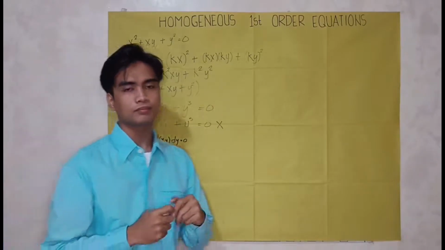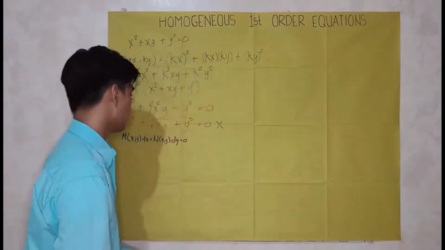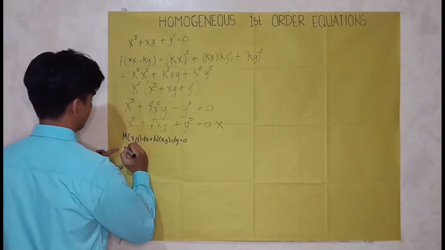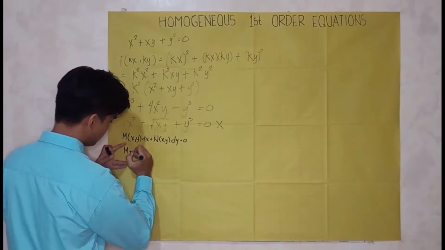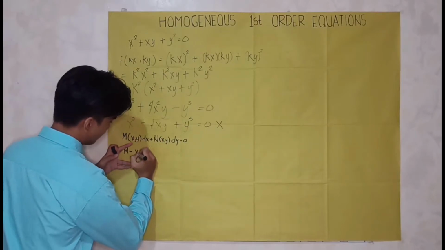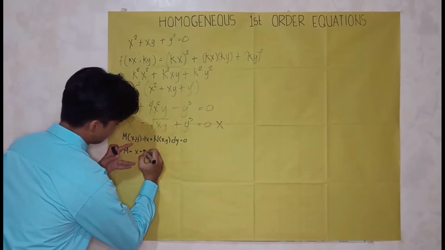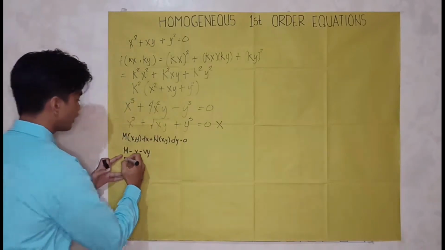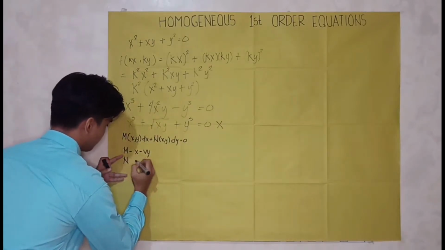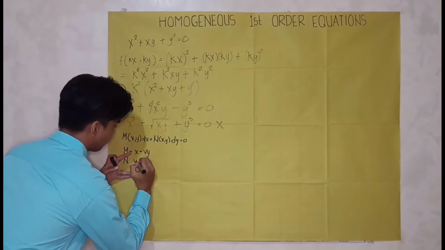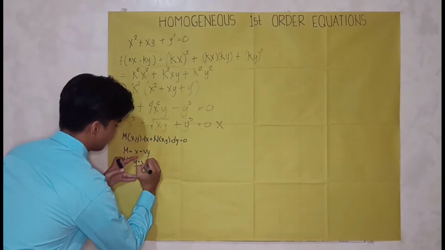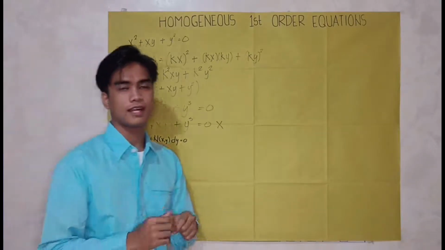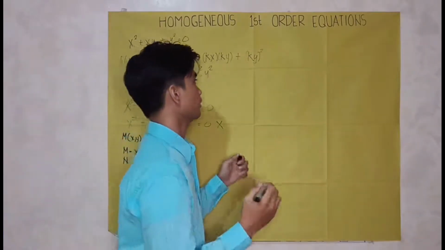Sabi dito, kapag ang m ay mas simple sa n, ang gagamitin mo ay x is equal to v times y. Kapag naman ang n, gagamitin mo ay y is equal to v times x. So, proceed tayo sa example.